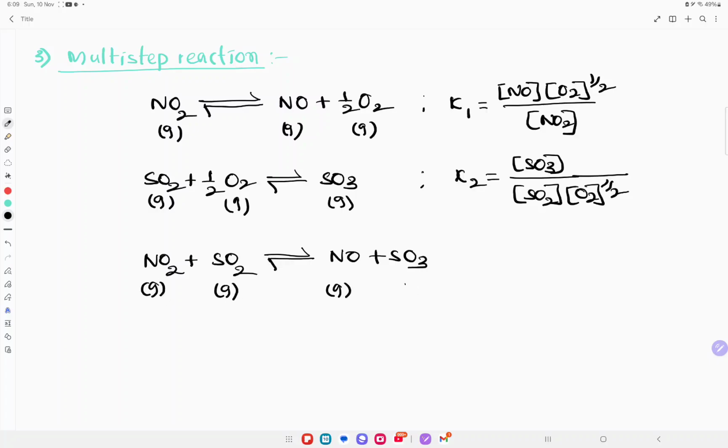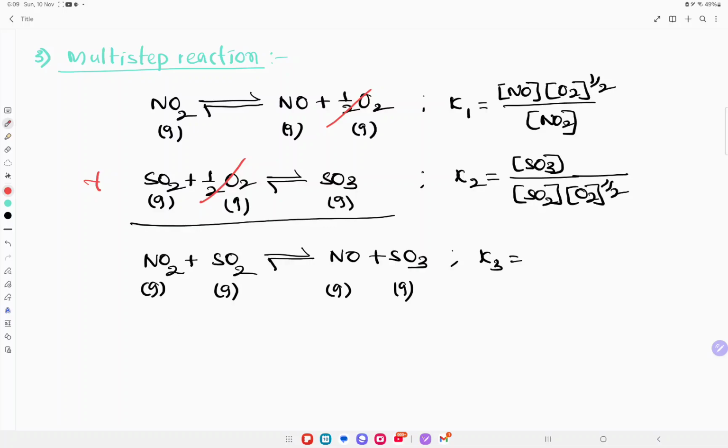If the third equation is like this, for this equilibrium constant is K3, then what happens? So if you see, by adding these two equations, the third equation is obtained. By adding equation 1 and equation 2, half O2 gets cancelled.